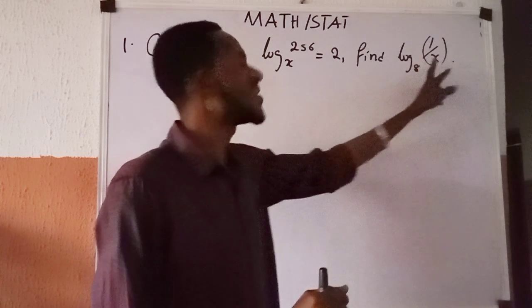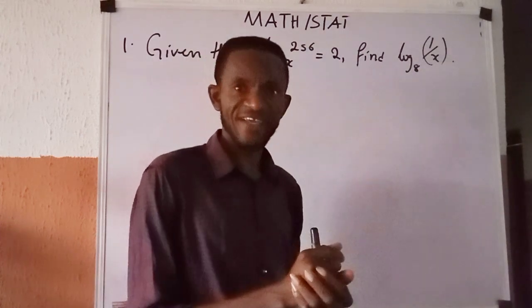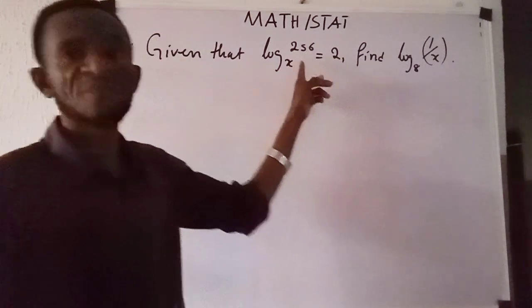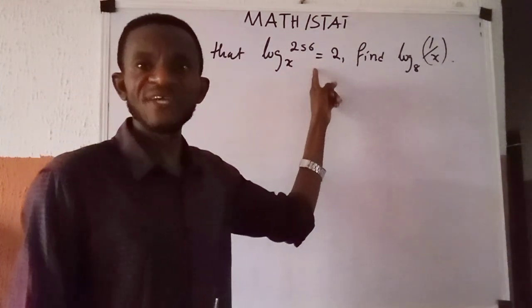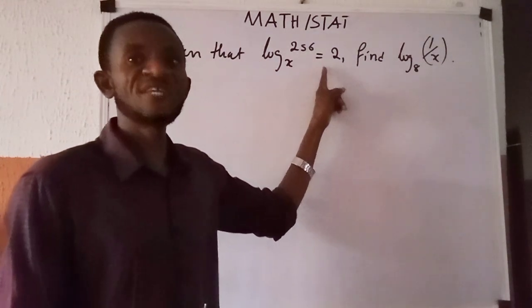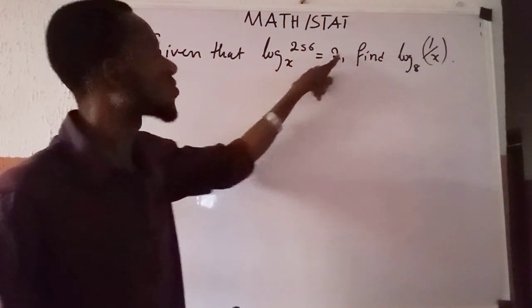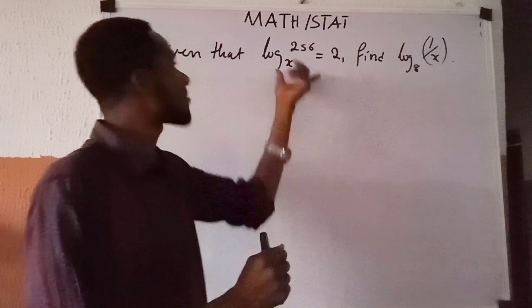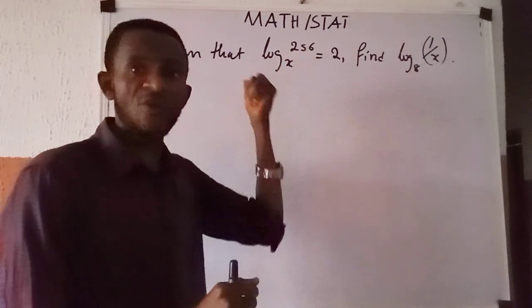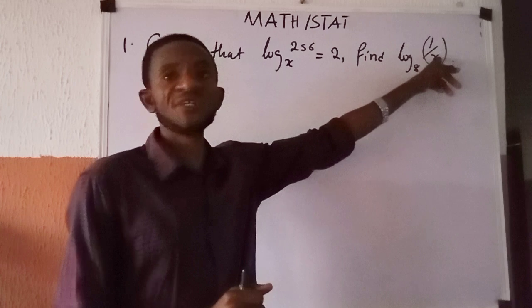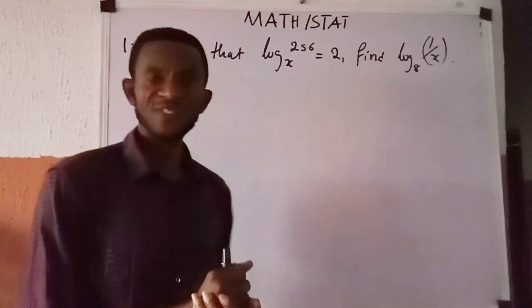And unfortunately, the value of x wasn't given here. So for us to know the value of this x, we revert to the information that was given to us earlier, and that information is that the log of 256 base x is equal to 2. So it is from this condition that we are going to get the value of x and then plug it into this logarithm to be able to evaluate it.